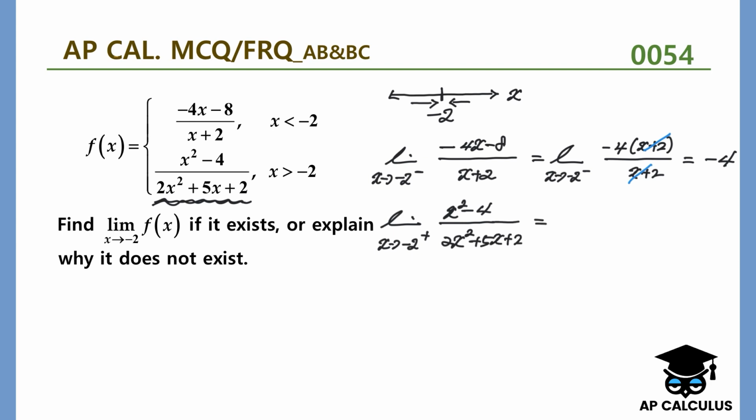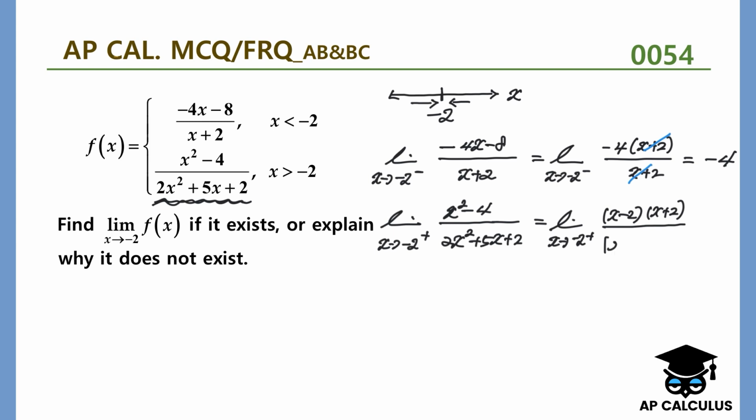Let's simplify this. x squared - 4 is equal to (x - 2)(x + 2), over 2x squared + 5x + 2.